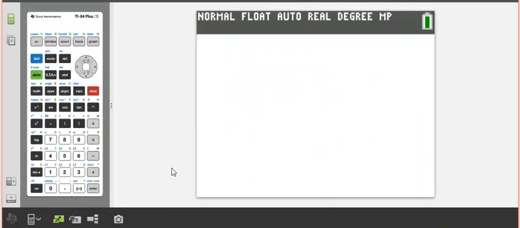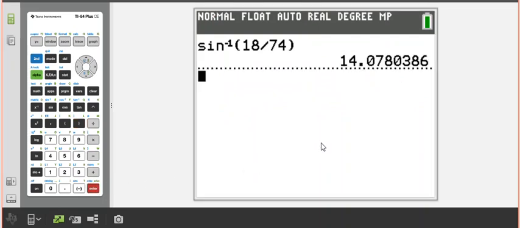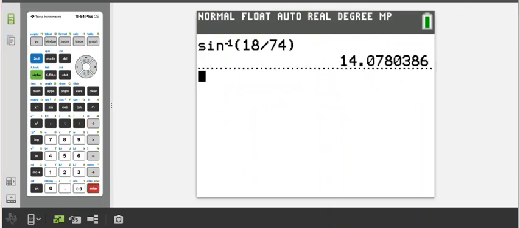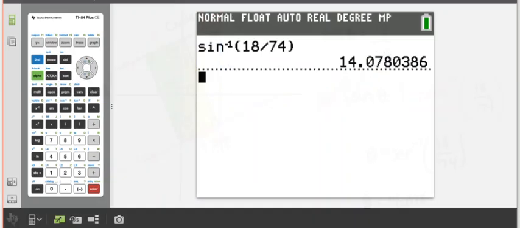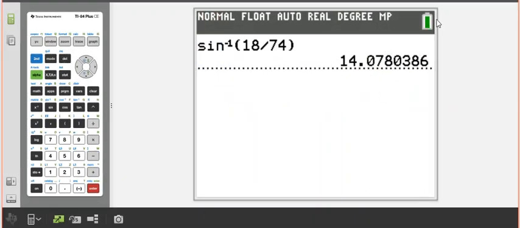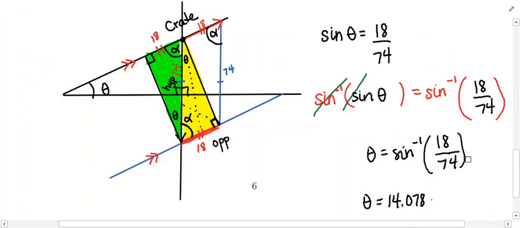So let's do it. Make sure you're in degree mode. This is going to be the sine inverse of 18 over 74, and this is the incline of the angle. I'm going to write this all out for your notes. Theta is 14.0780386.